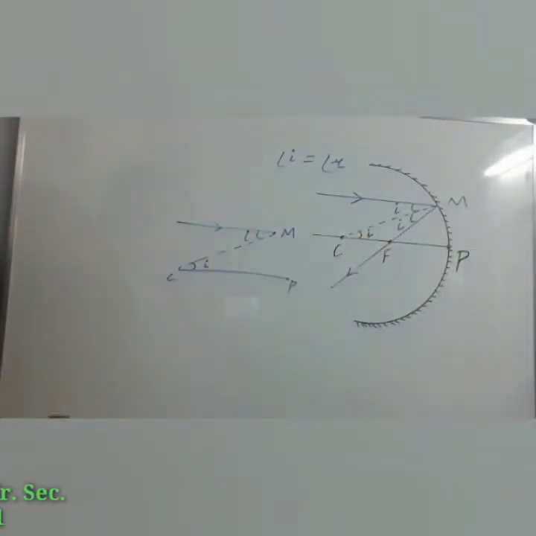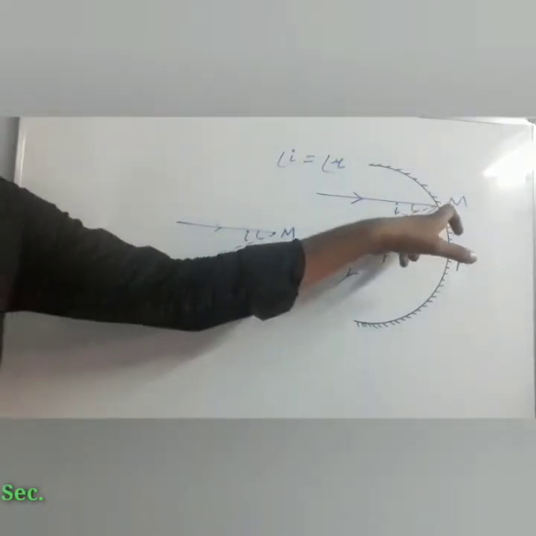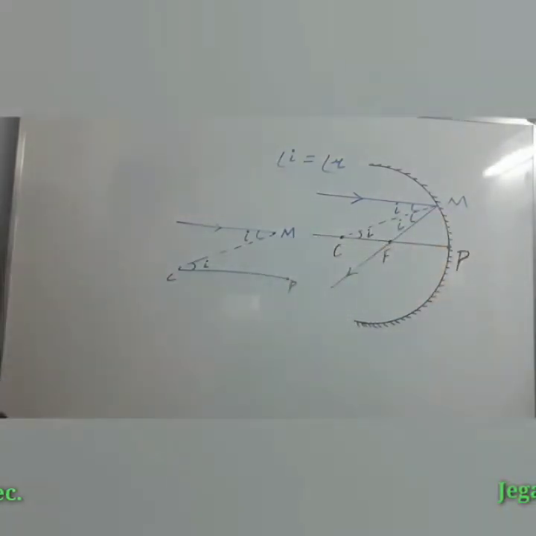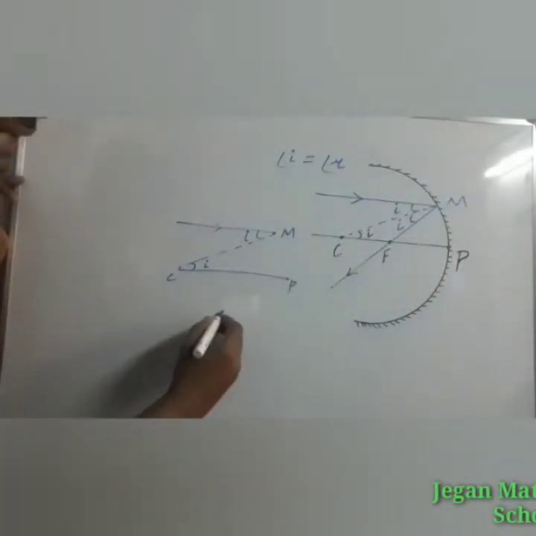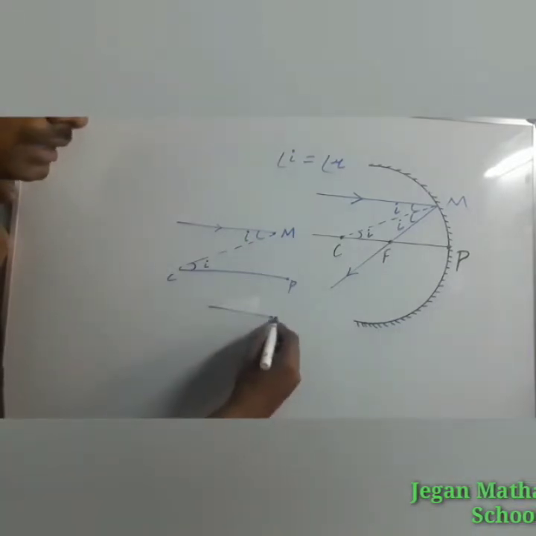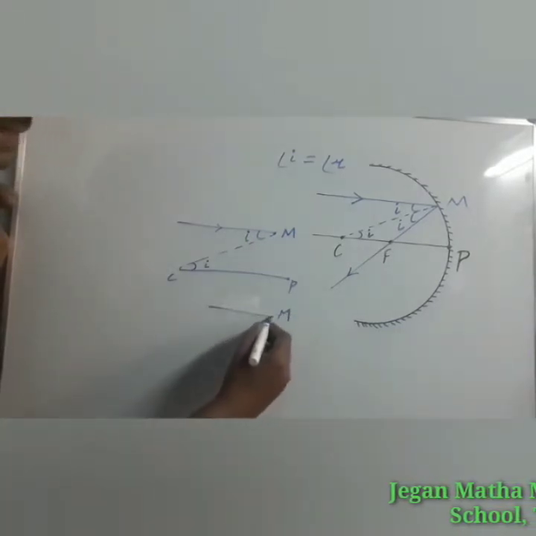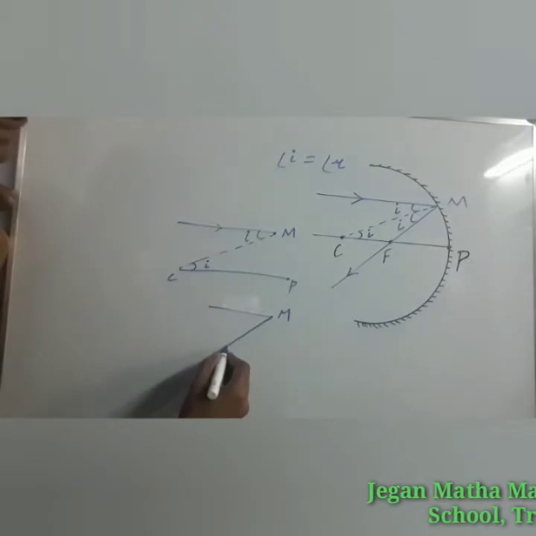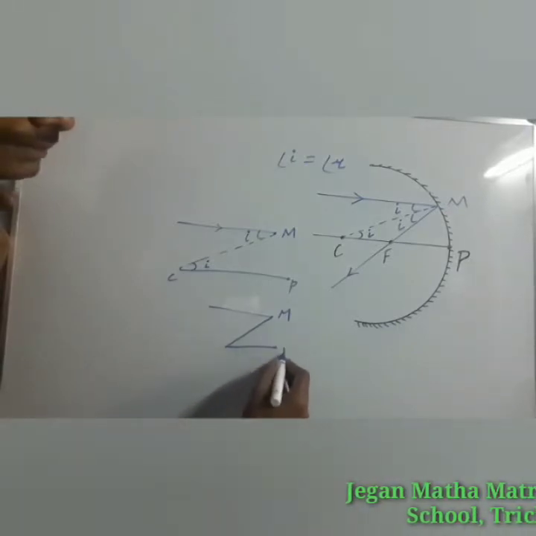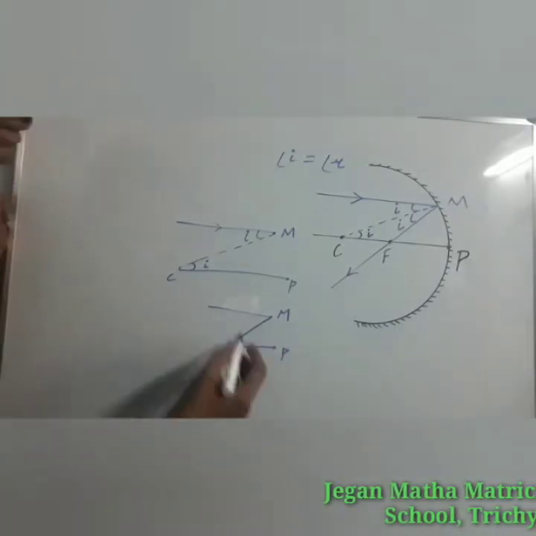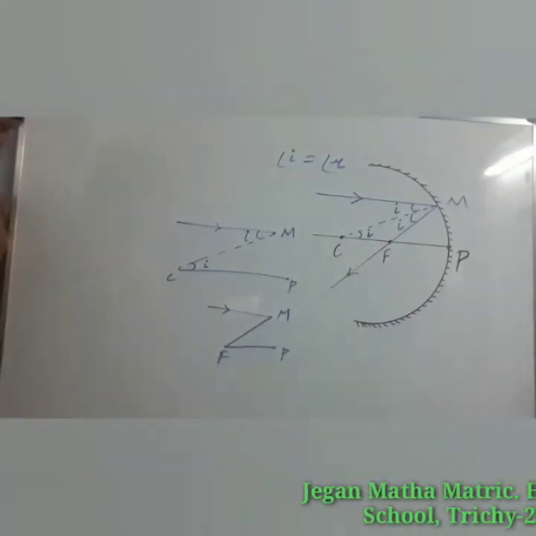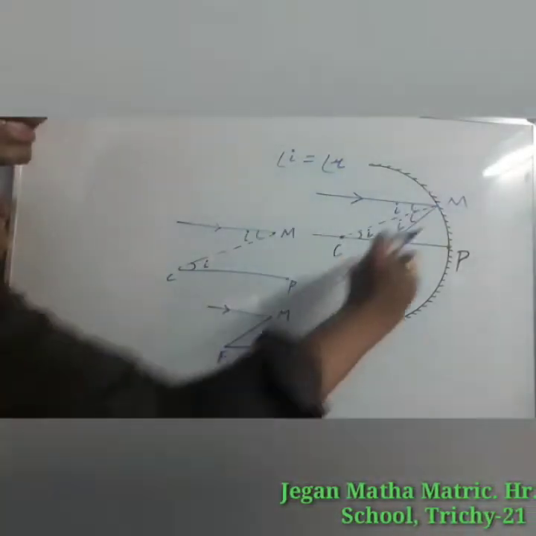Likewise, we can write the angle value for MFP. How can we get the angle value? The incident ray, P to F, F to P. What is the angle between the incident ray and the line MF?